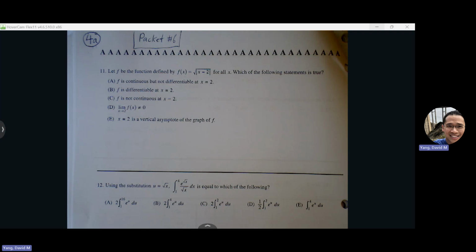There's still going to be a sharp turn here, but even though you may not know that the graph is going to look like this, it's going to have a bit of a curve because of the square root. You do know enough of the absolute value of x minus 2 that we're getting a sharp turn out of it. And if we're getting a sharp turn out of it, we know that it is continuous but not differentiable.